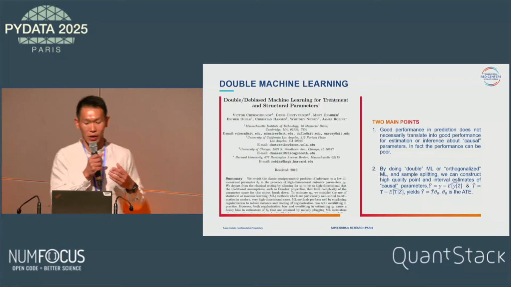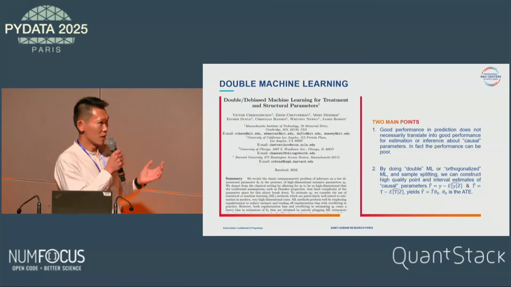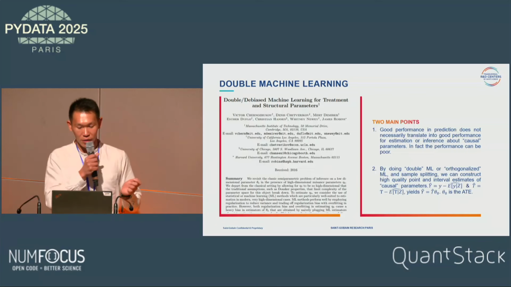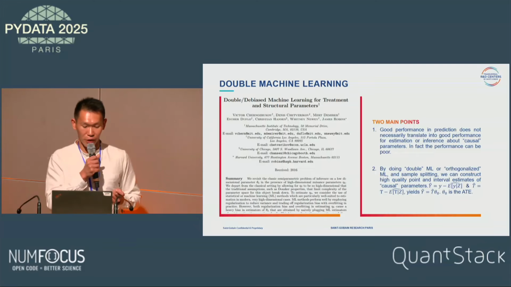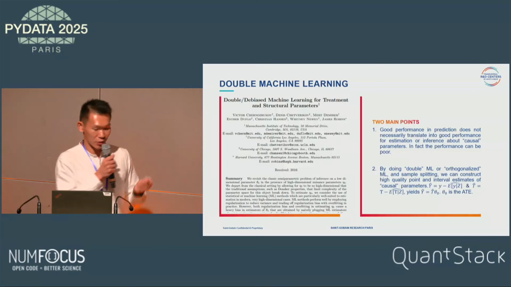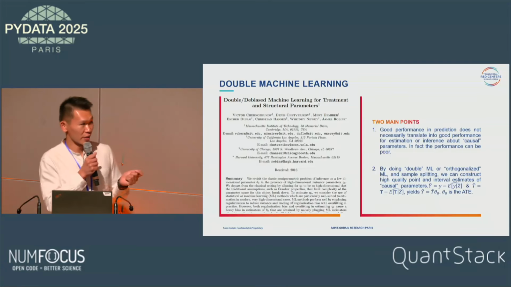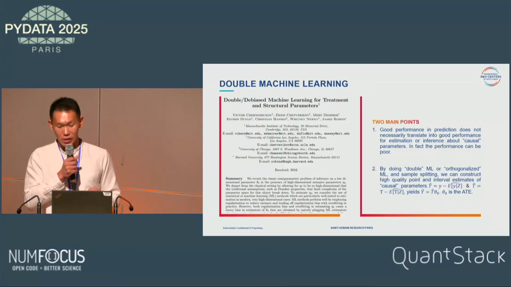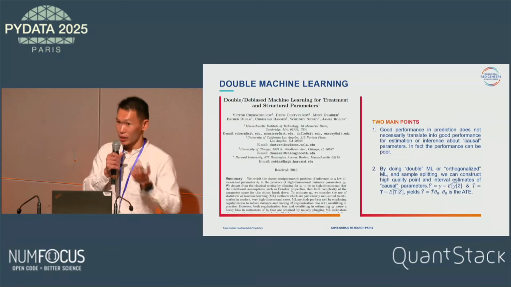That's why we are training two models: one to predict y using the confounding variables z, and the other one to predict t with the same confounding variables. So you have E[Y|Z] and E[T|Z]. Then we calculate the residuals of these two, the y hat and the t hat. That gives us y hat equals t hat times theta 0. Theta 0 is the average treatment effect that we want to find. So we can do a regression on it to get the value. And so that's the theory.